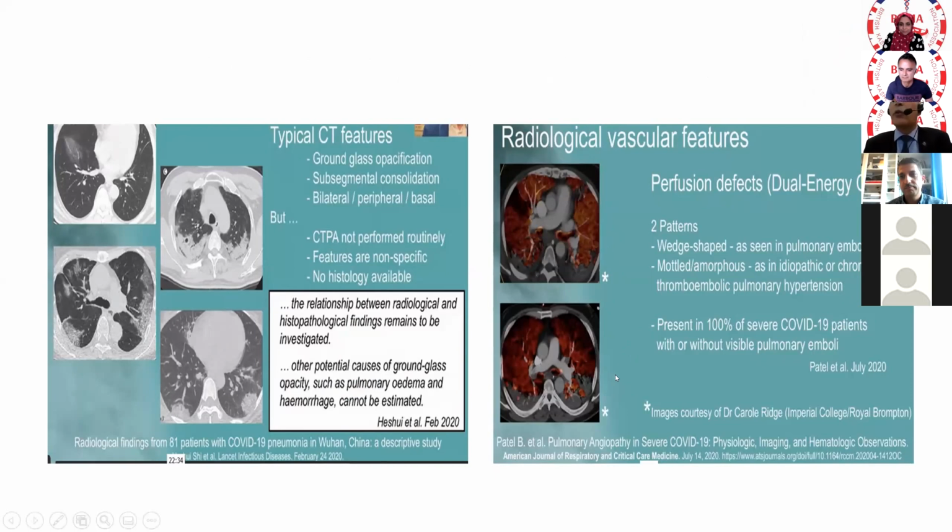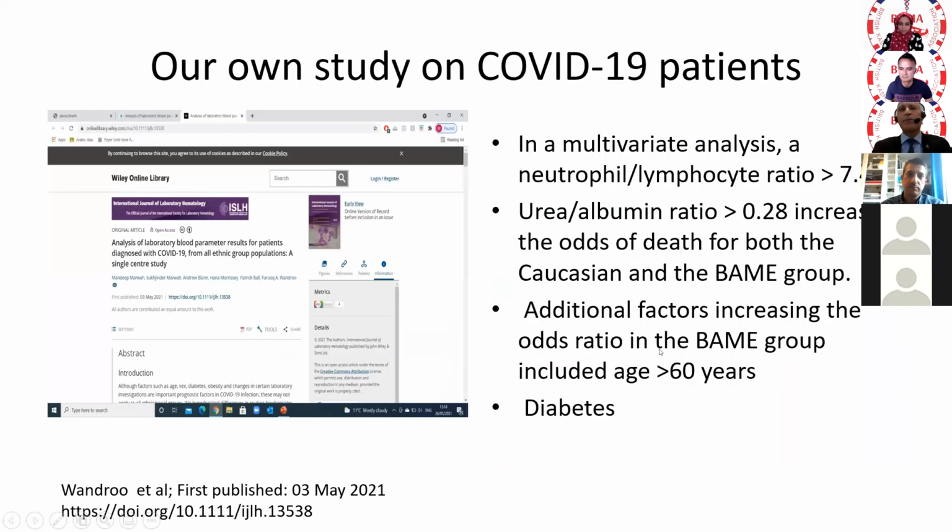So if you do a dual perfusion CT on critically ill patients, you will see nearly all of them have this evidence of intravascular thrombosis on this scan. Now we also see some peculiar lab abnormalities.